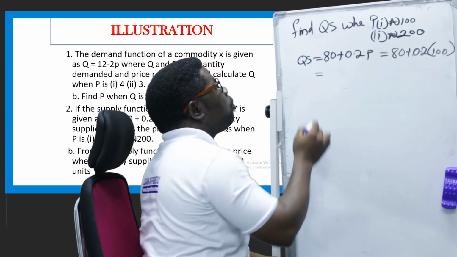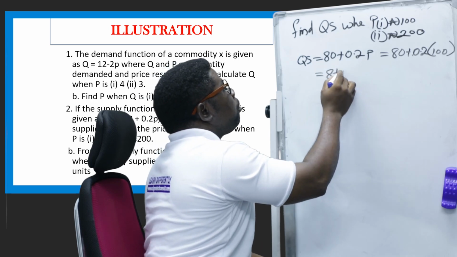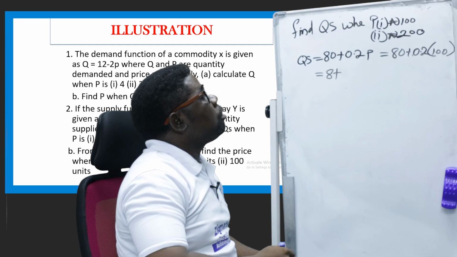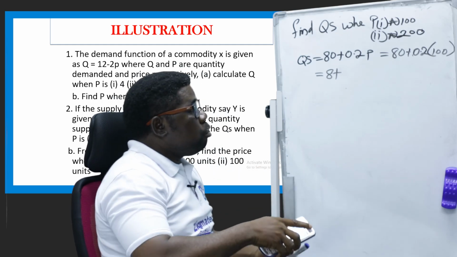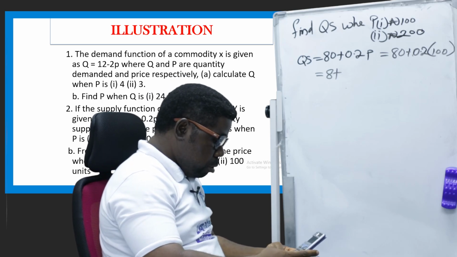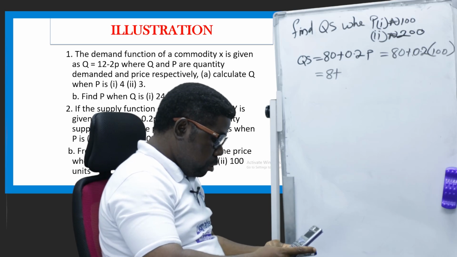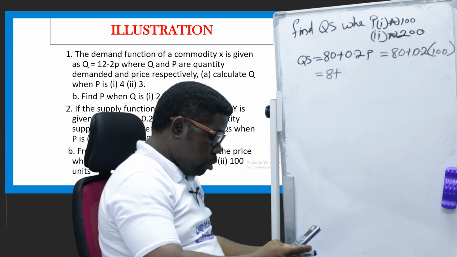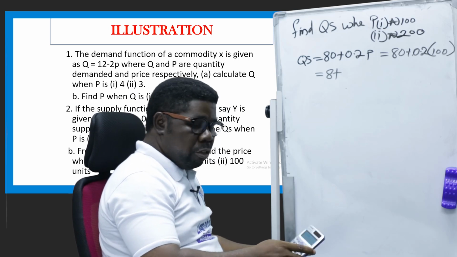And that will give us 80 plus, 0.2 times 100 should be 20, but let's check it. 0.2 times 100 is equals to 20.